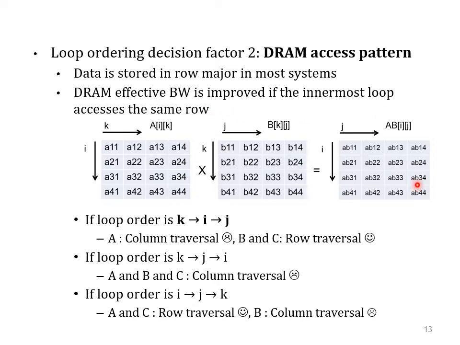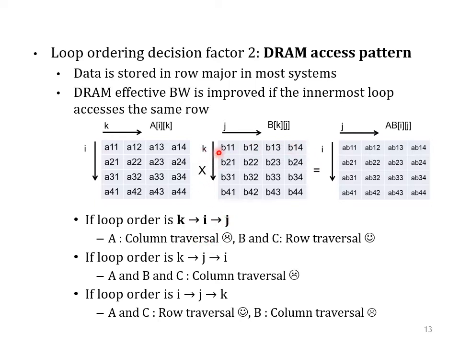So for example, let's say that the loop order is K, I, J. When accessing the matrix B, you're going in a J loop first, okay, and the next I iteration, which is just the same row, and you keep doing this until you go to the next K, right?